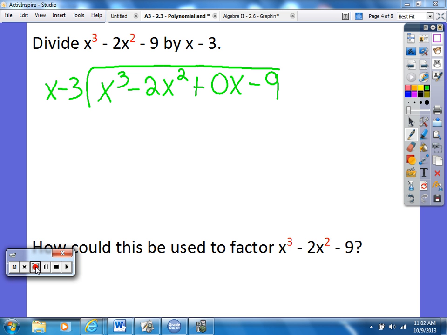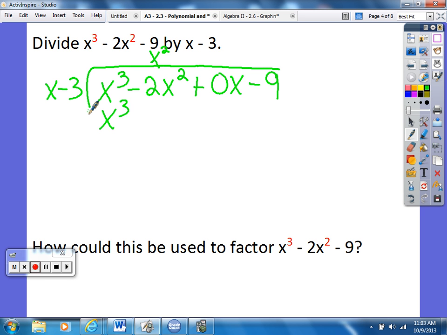And now I'm actually going to have you do the first step. Can you talk me through the first step, though, this time? Okay. What times x would equal x to the third? Good. X squared times x equals x to the third.